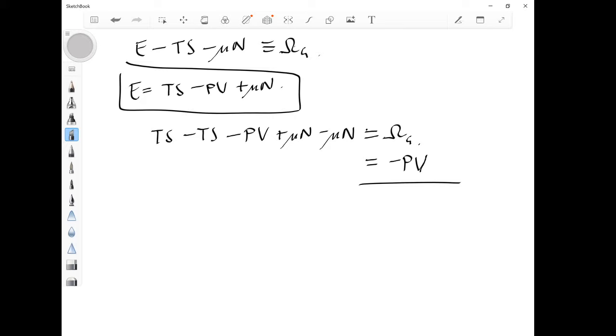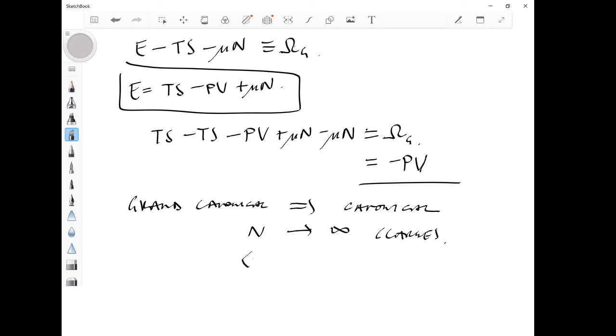So you've got your grand canonical ensemble, it will go to the canonical when n goes to infinity, let's say, like n large, because the fluctuations in the number of particles go to zero, and so what you've effectively done is it means that the particle number is fixed.